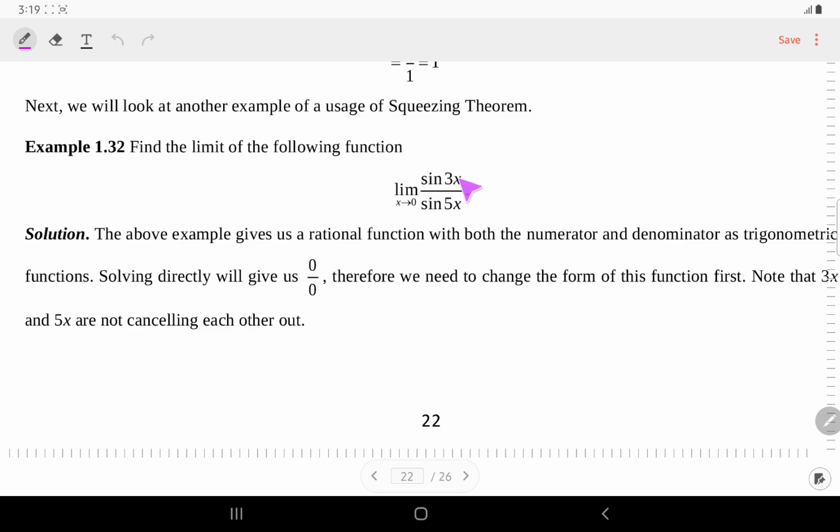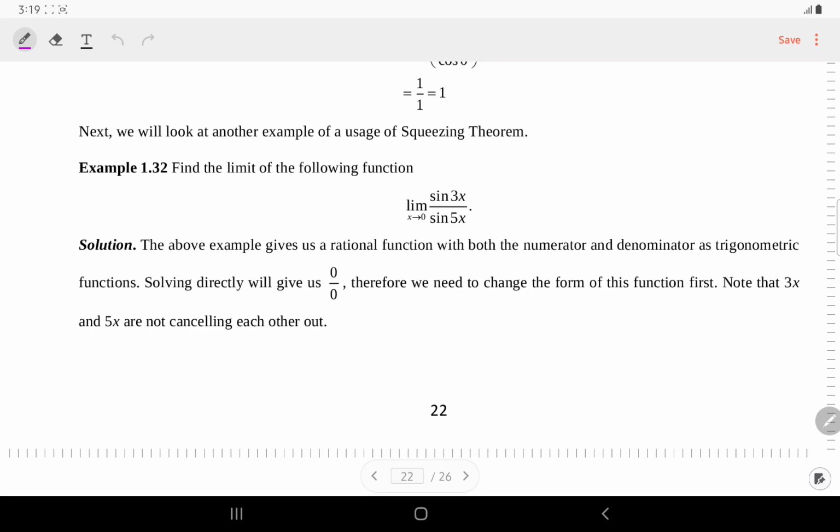So we get sin 0 divided by sin 0, where sin 0 is equal to 0 if you press the calculator. So 0 divided by 0 will give an error on the calculator. So we cannot directly substitute, so we need to use the squeezing theorem.